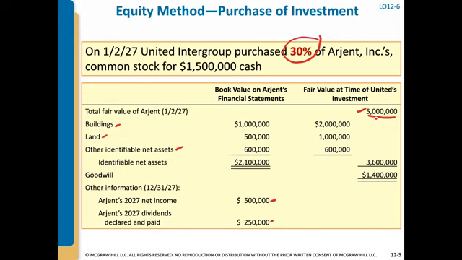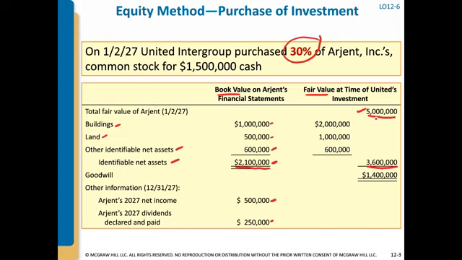We're going to look at the identifiable net assets using the book value versus the fair value. The company Arhant has $1 million of buildings, $500,000 of land, and $600,000 of other assets for a total book value of these assets of 2.1. When we look at the fair value of those assets, it's 3.6.